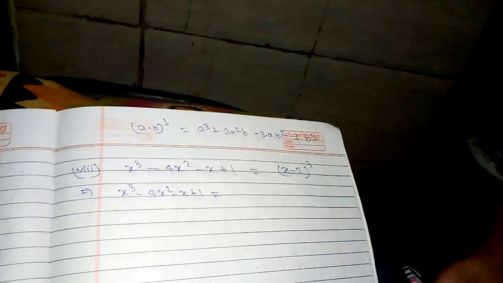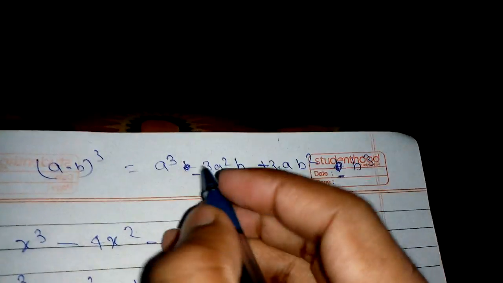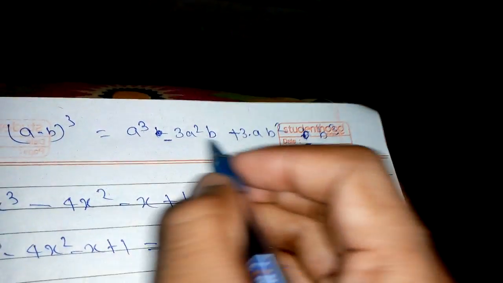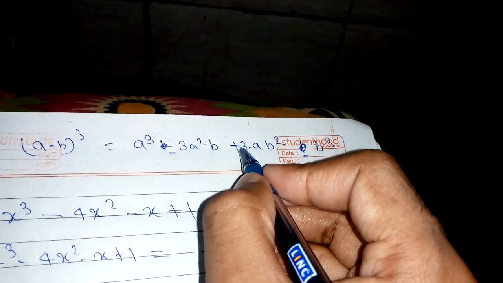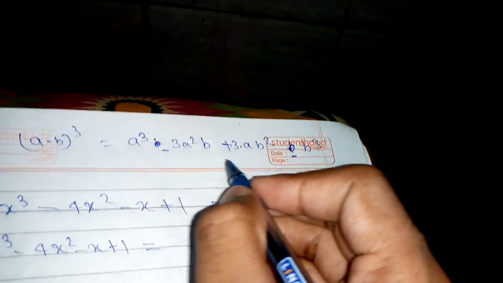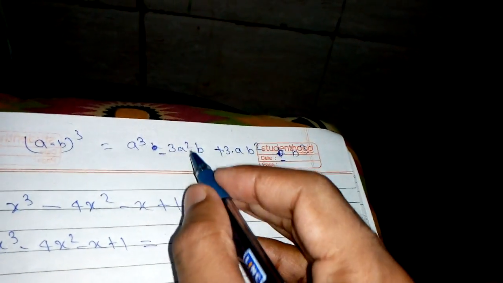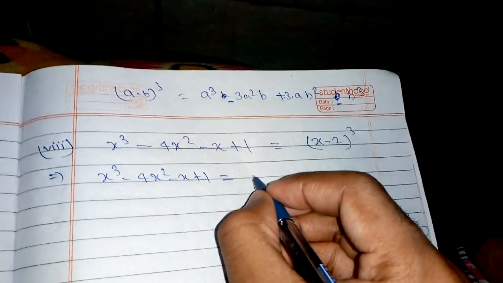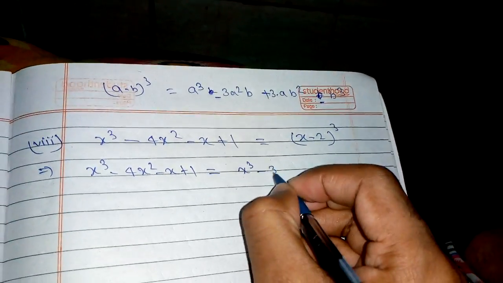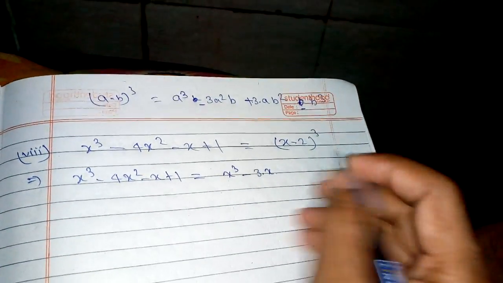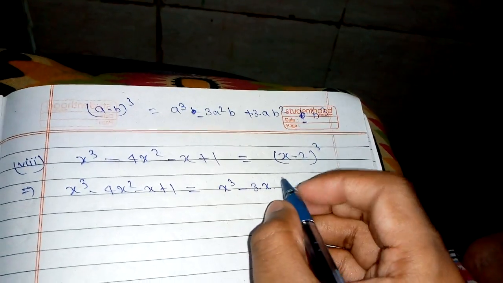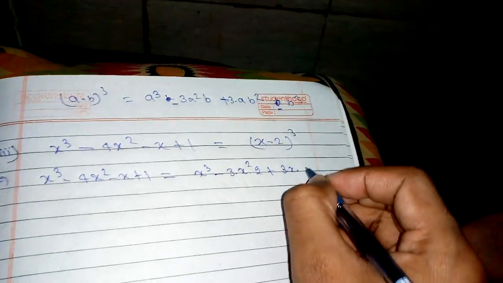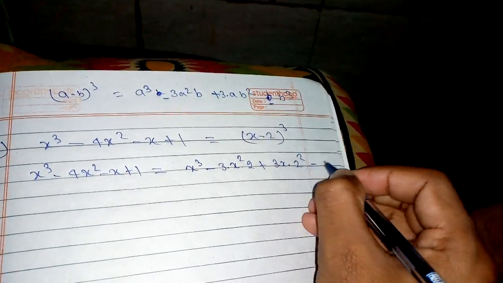Okay, here is the formula. a cube minus 3a square b plus 3ab square minus b cube, means first plus second minus first plus second minus, like this. Apply here. a cube minus 3a square b plus 3ab square minus b cube.